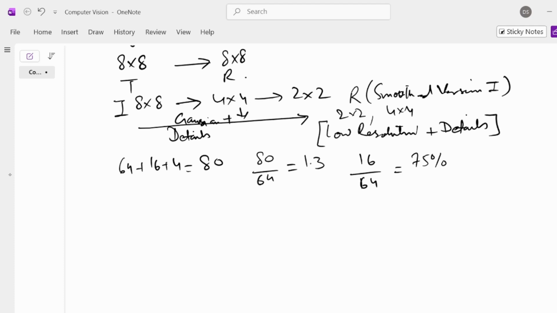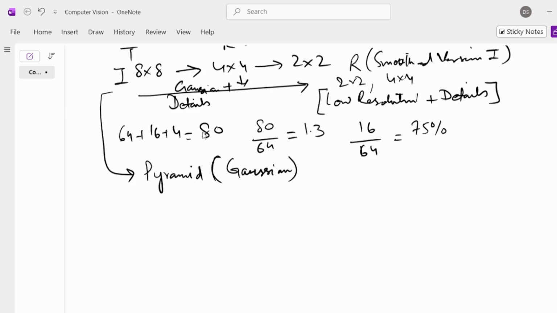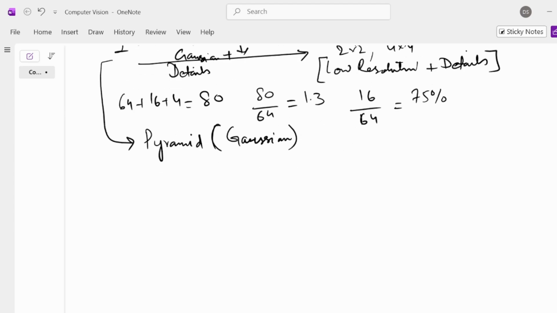So one more thing, what I generated here is basically a pyramid, and this specific pyramid is the Gaussian pyramid. So we want a low resolution image, but we want details to be sent along as well.